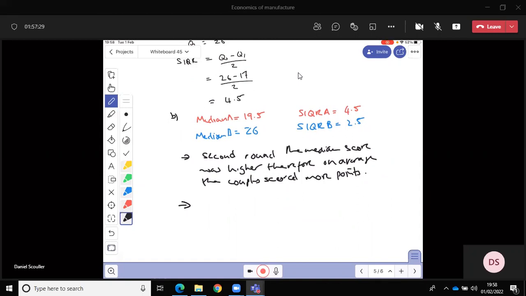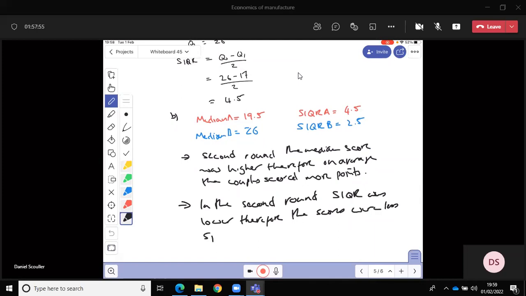In the second round, the SIQR was lower, therefore the scores were less spread.